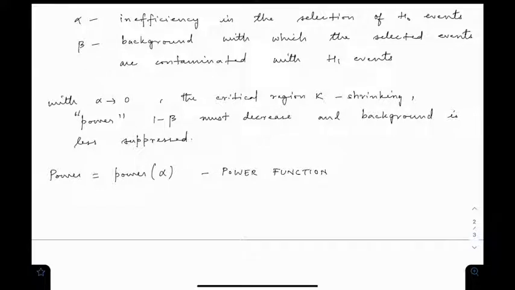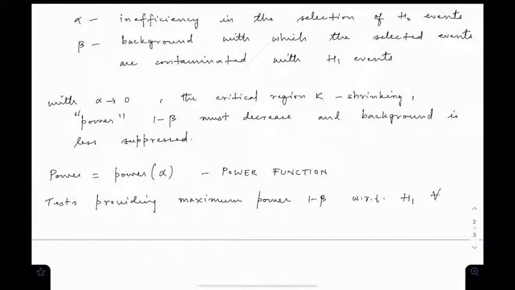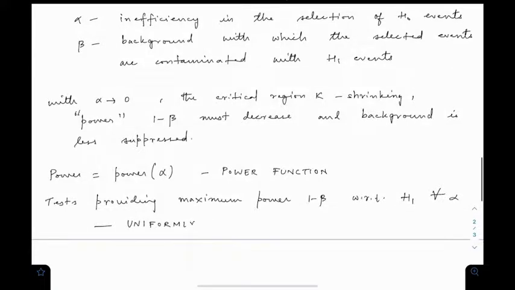The tests which provide maximum power with respect to the alternative hypothesis for all values of alpha are called uniformly most powerful tests, UMP for short.